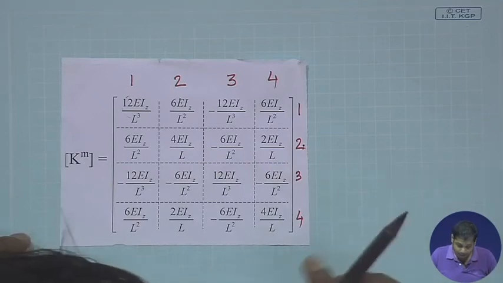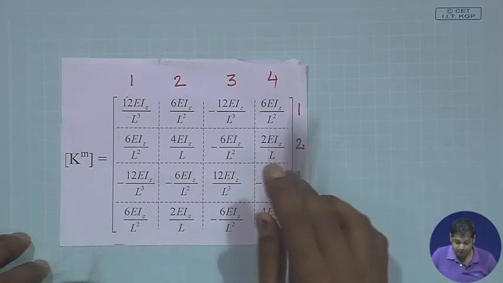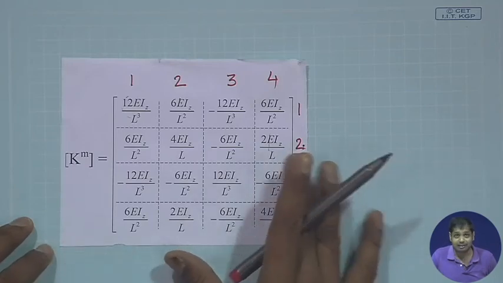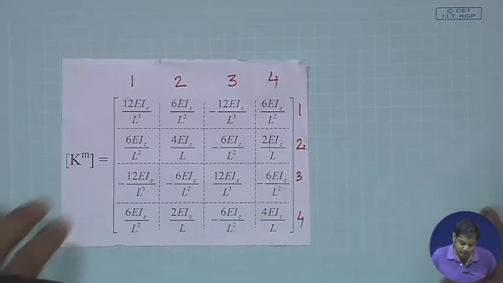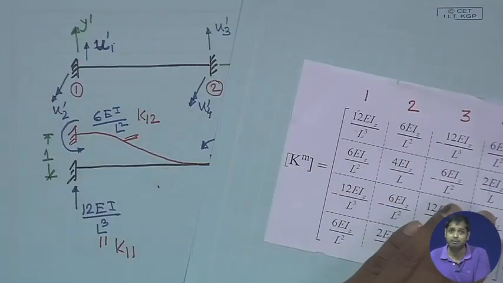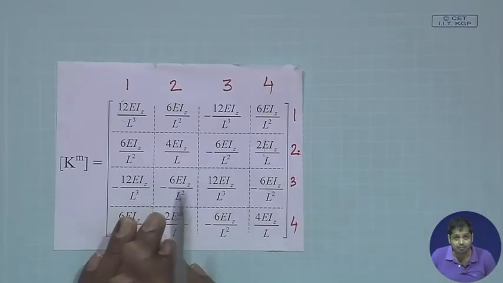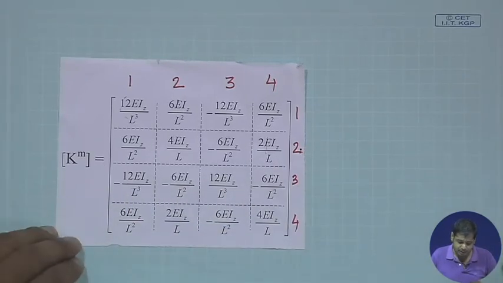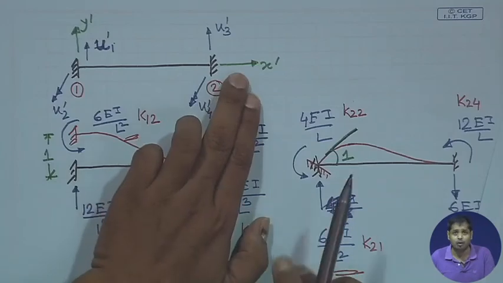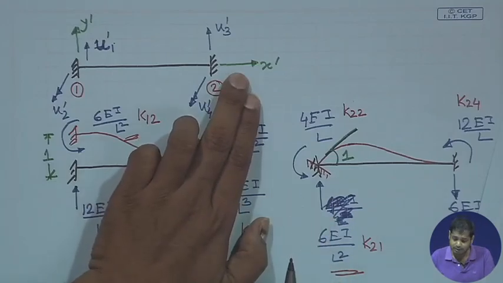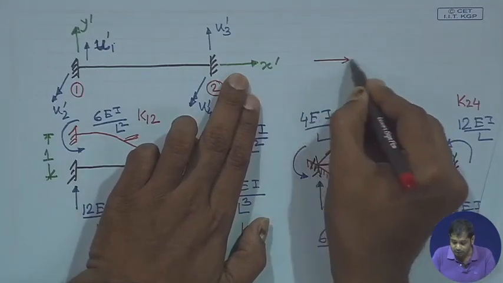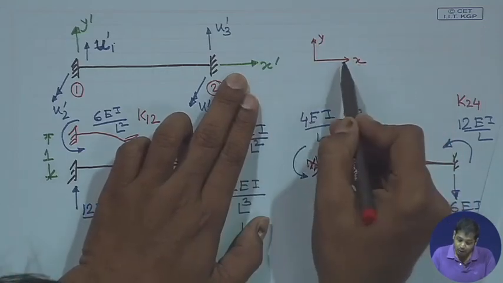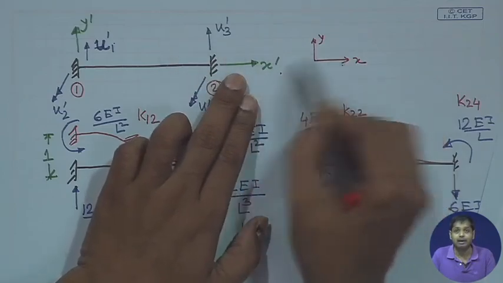Okay. Now, this gives you the stiffness matrix of a beam segment when we neglect the axial deformation. Now, similar stiffness matrix we can obtain for all the beam segments, and then we can assemble them. Now, as far as the beam is concerned, you see, this is our local coordinate system, and our global coordinate system, if you take like this, then local coordinate system and global coordinate system are the same.